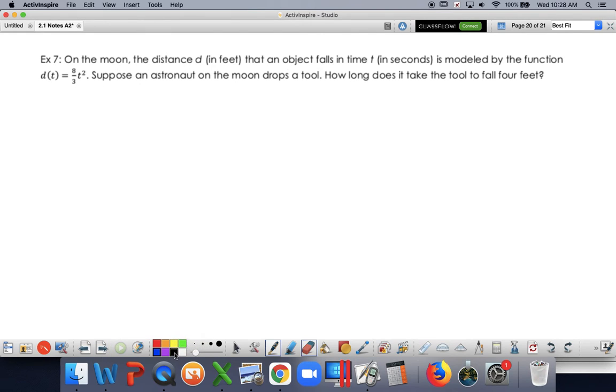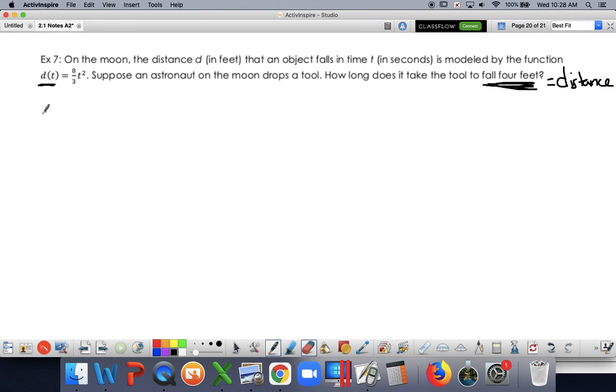Let's look at our last example. On the moon, things fall at a different rate because of gravity being different. Here's our function. Suppose an astronaut on the moon drops a tool, and that tool is dropping 4 feet. So that is the distance that it is falling.